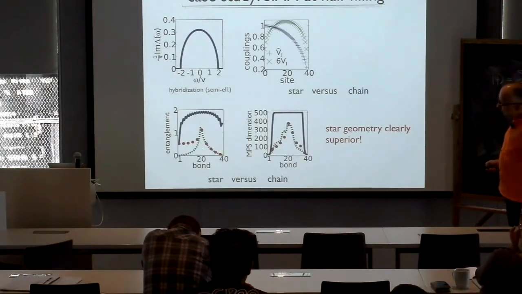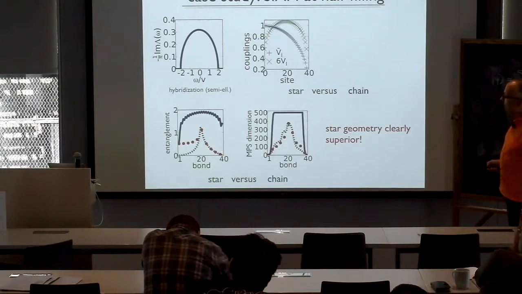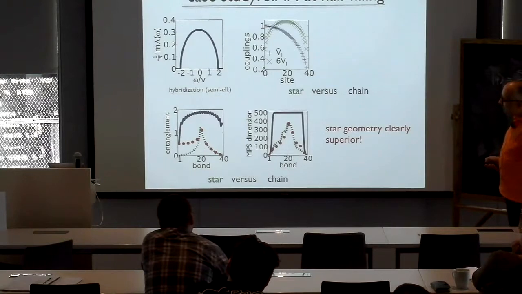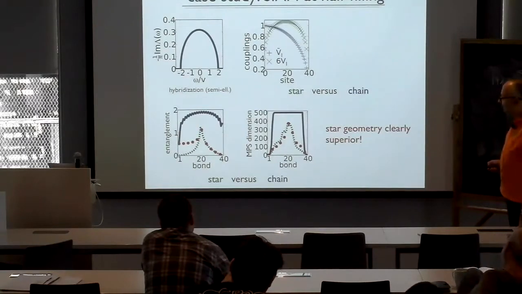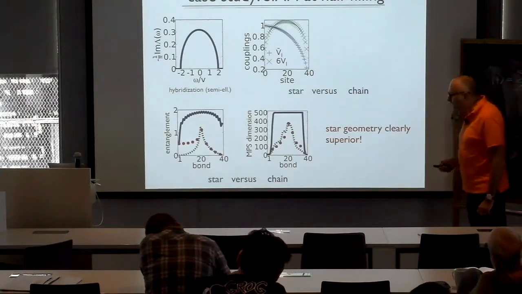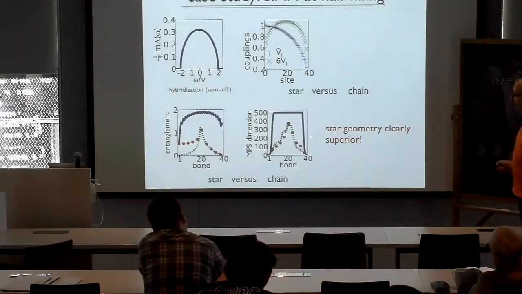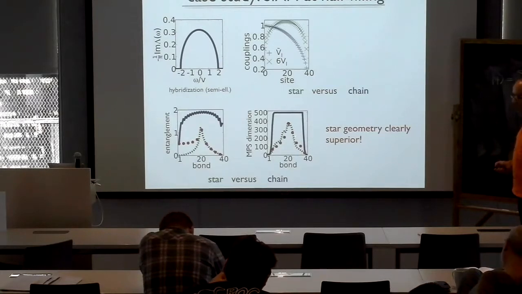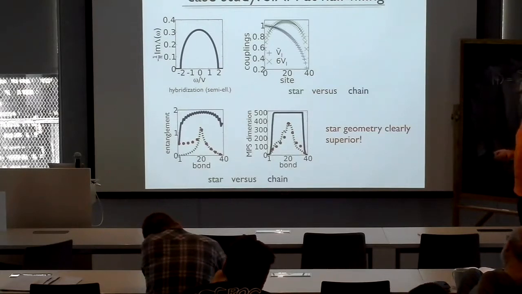You have very little entanglement, and if you use the chain geometry, where everyone would have said it's much, much better, the entanglement is much higher. And you see there's a huge factor in between here, which translates into a huge difference in the dimension of the matrix product states. And as calculations scale as the third power of this dimension, the computational gain by going from here to the green curve is absolutely enormous.